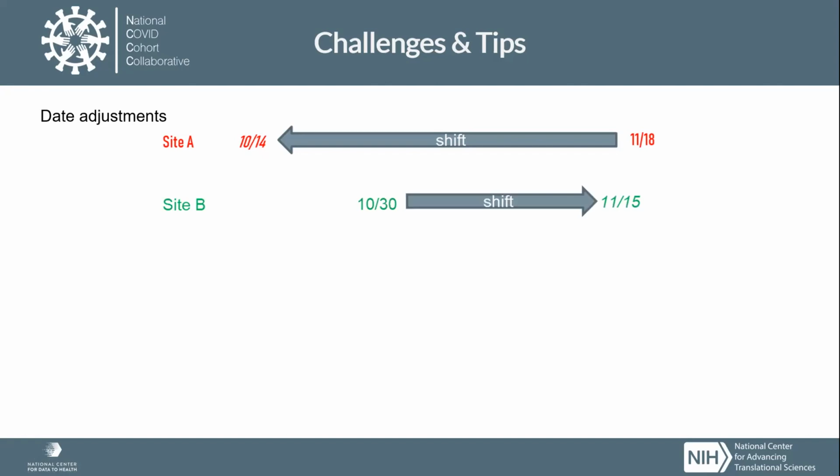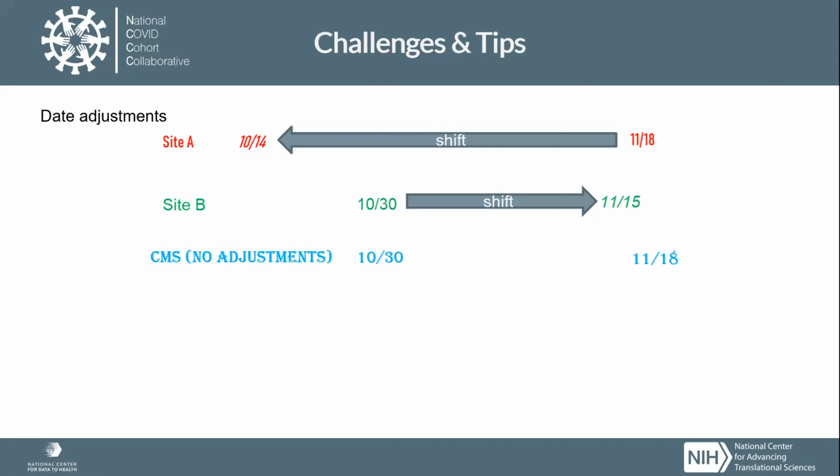Then another site submits data for the same person, and they have a date adjustment that's different than site A's, so a visit on October 30th gets adjusted to some other date, and I arbitrarily picked the 15th.